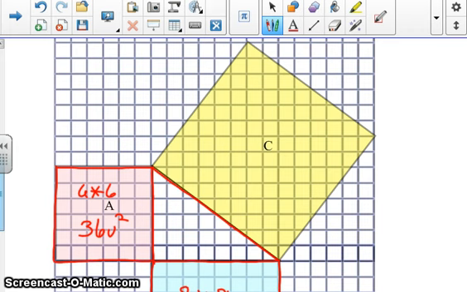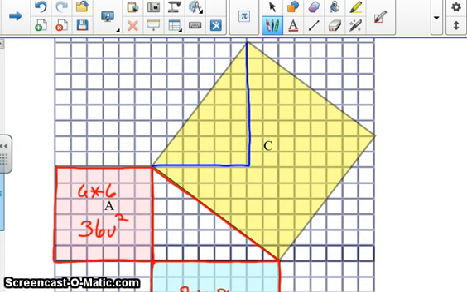Let's check that out. It's hard to tell because the square on the hypotenuse has been tilted, so I can't just count. So I'm going to break it up into triangles because then I can see what their area is. I know the formula for area of a triangle is 1/2 times the base times the height.